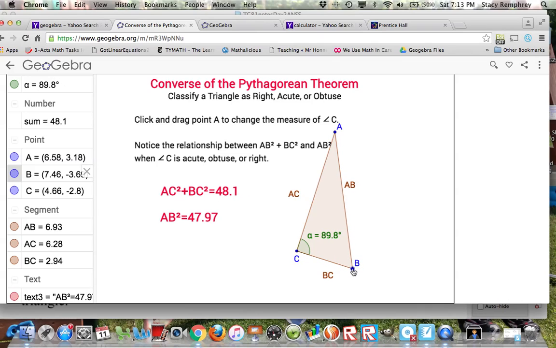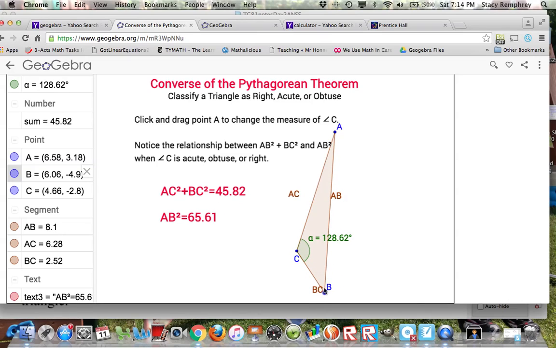That's pretty close. You can see those are equal. I know they're a little off. Notice I'm not completely at a right angle right now, but the closer I get, the more equal they'll be. So I can prove it's a right triangle if I can show a squared plus b squared equals c squared.